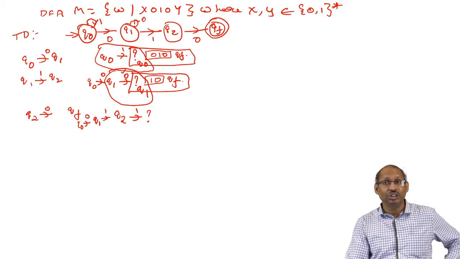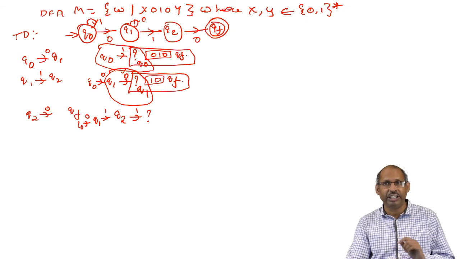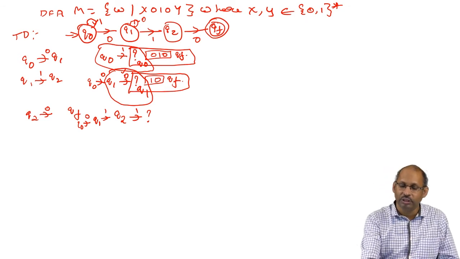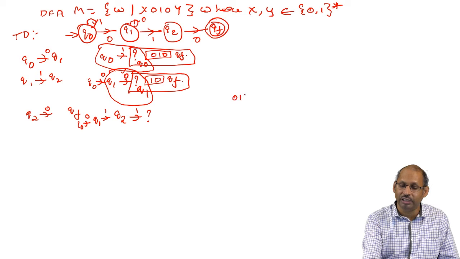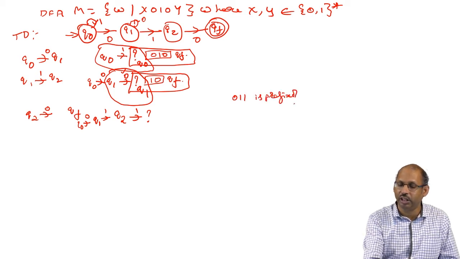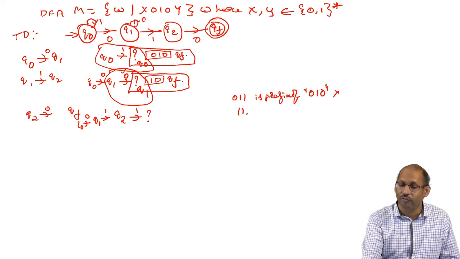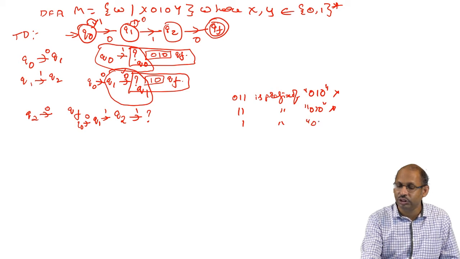Now tell me, is 0 1 1 a prefix of the condition 0 1 0? No. Is 1 1 a prefix of 0 1 0? No. Is 1 a prefix of 0 1 0? No. So what does it imply?